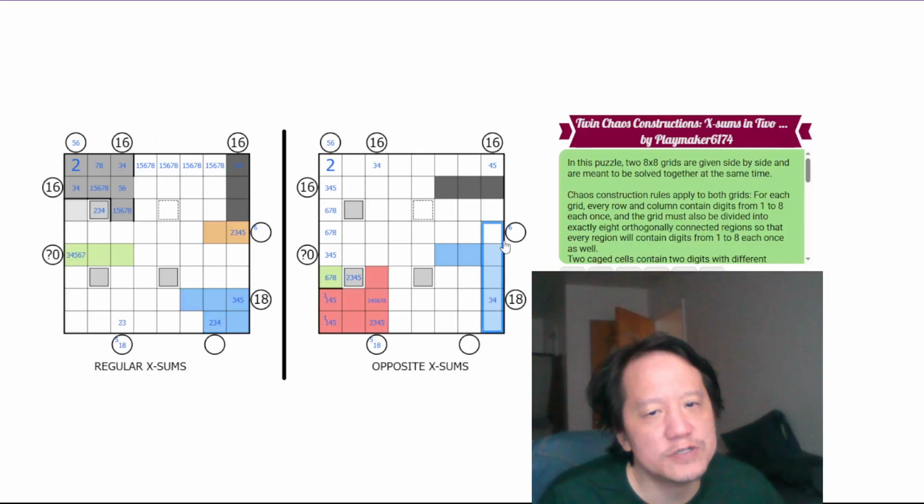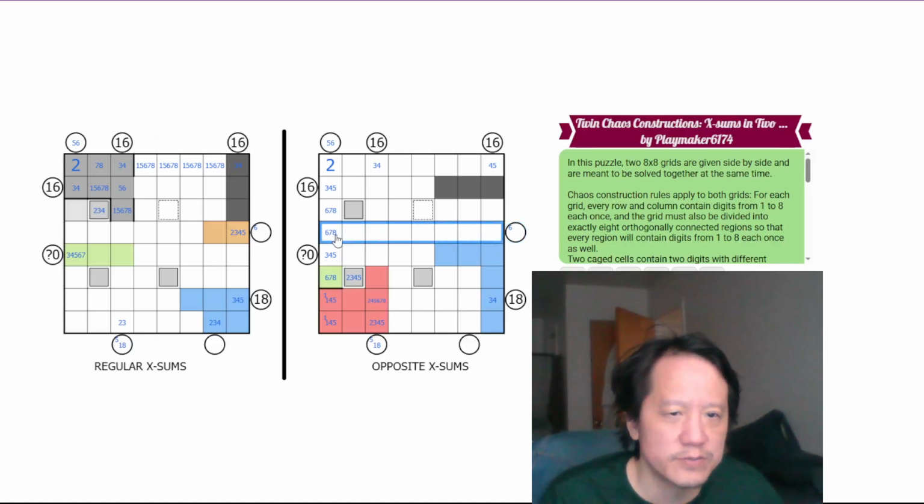If this was 5, that does kind of work. Because you could have a 1 here, and then that would be 6 in value. That's potentially possible.